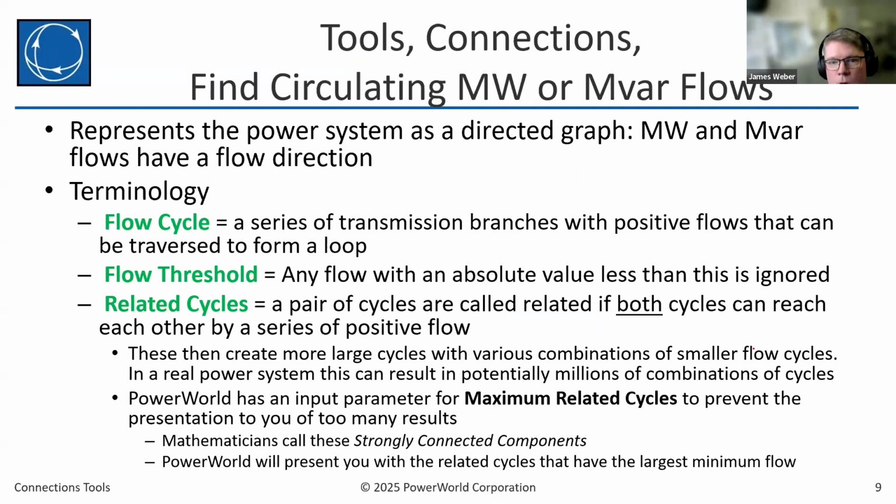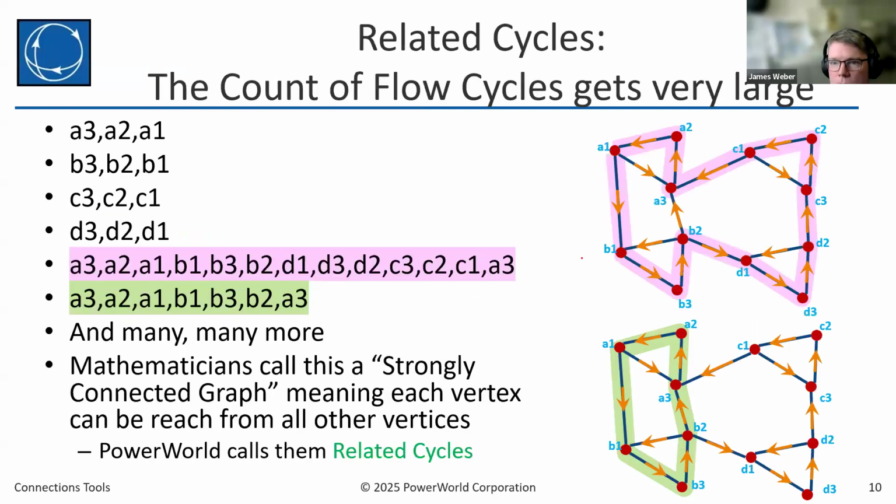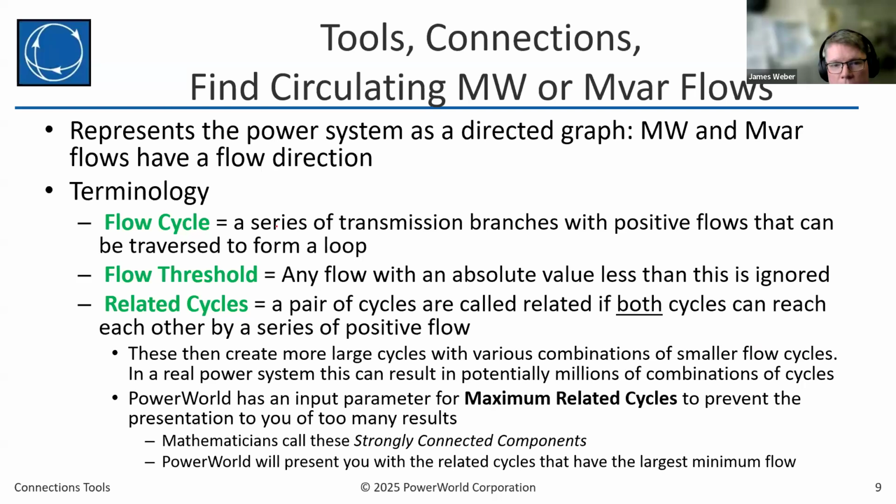So what we're looking for is a series of transmission branches that create a flow that goes in a circle. Right here is a group of branches with directed arrows that go around in a circle. If I look more broadly, there are other circles as well. Another thing that will appear in the software is a threshold.